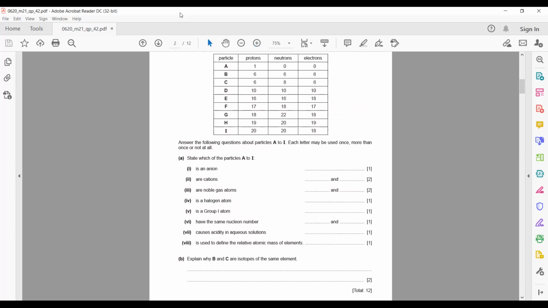So if you check the definition of isotope, they have the same protons but they have different neutrons. That's the definition of isotope. So if you see B and C have the same protons, but they have different neutrons. That's why we call them isotopes.